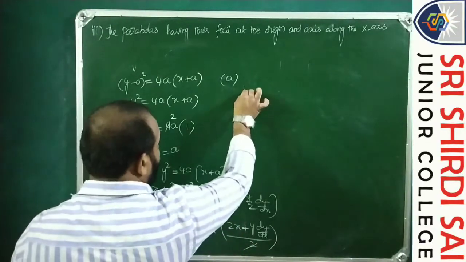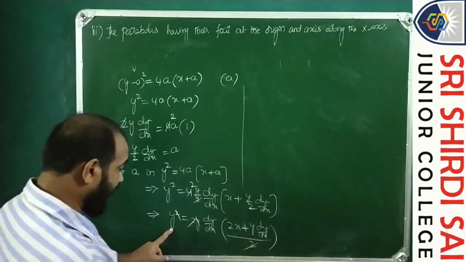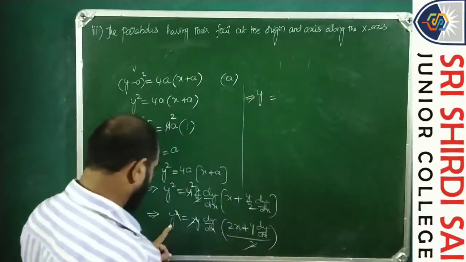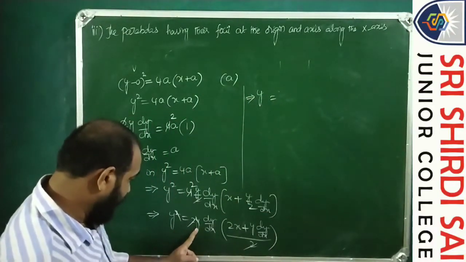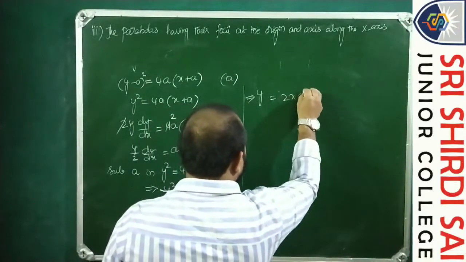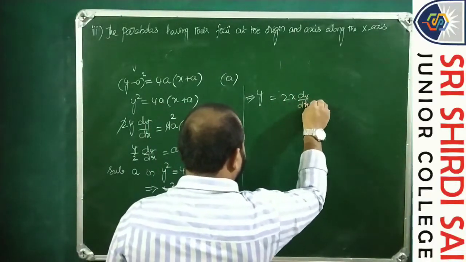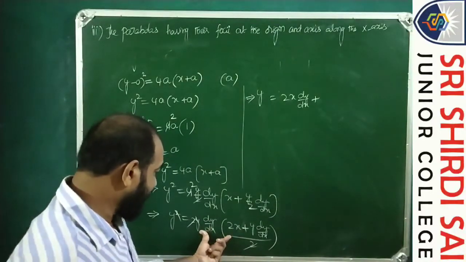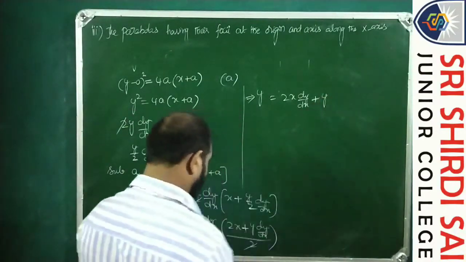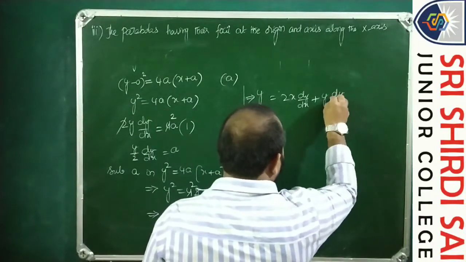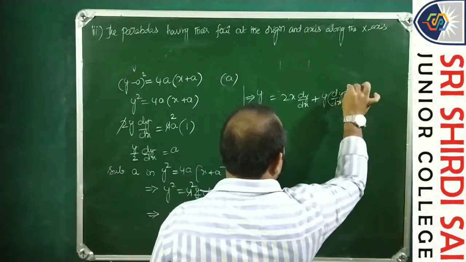Therefore, we are left with y is equals to 2x dy by dx plus y dy by dx into dy by dx, that is y into dy by dx whole square.